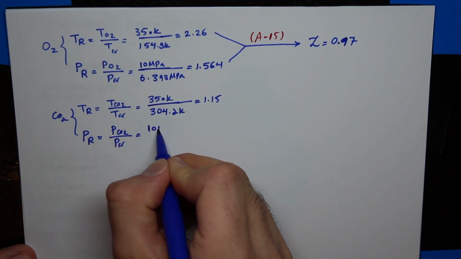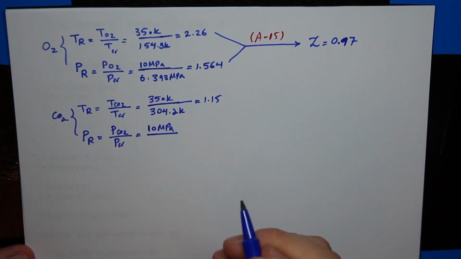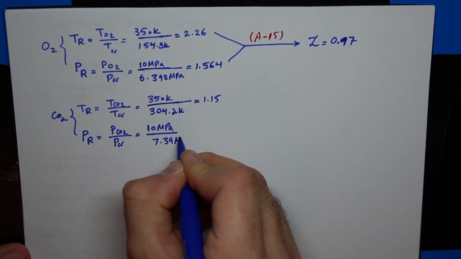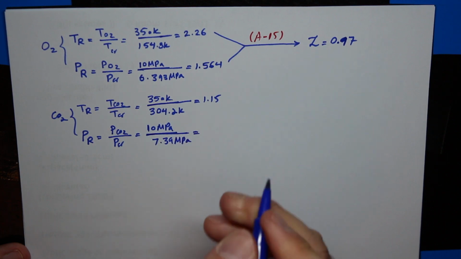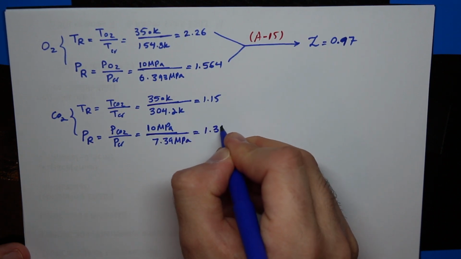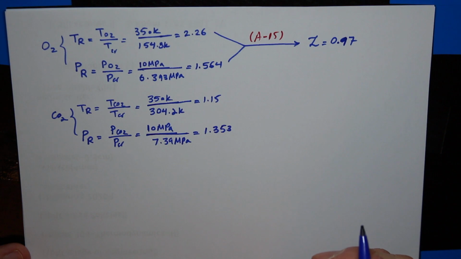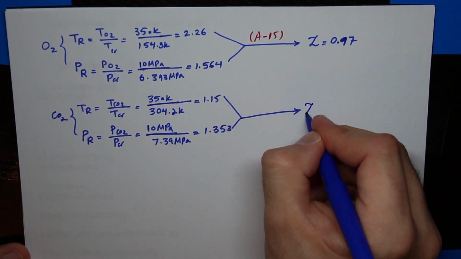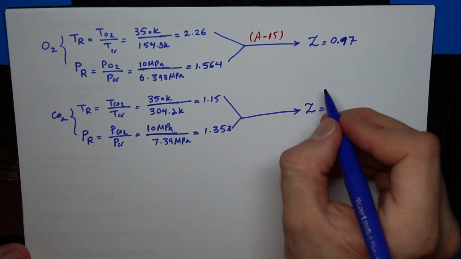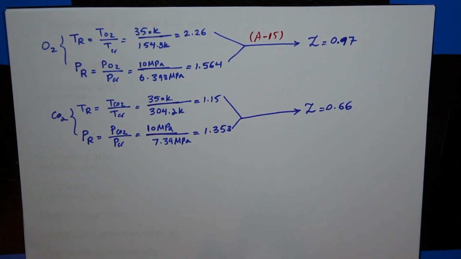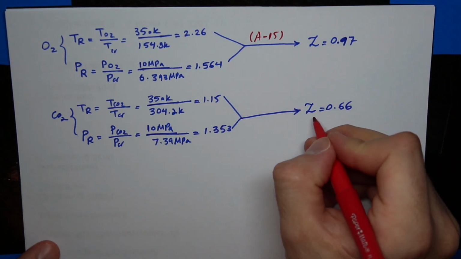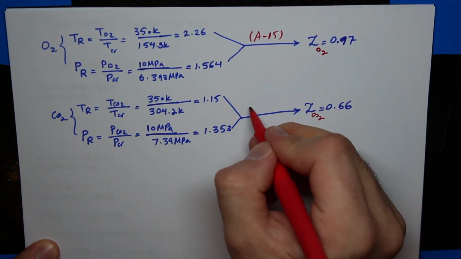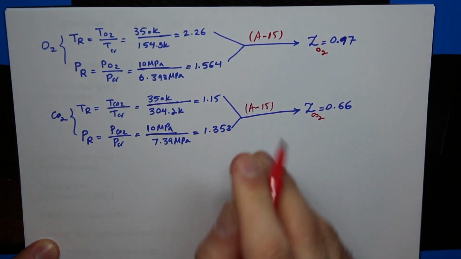The pressure is 10 megapascal, and the critical pressure is 7.39 megapascal. If I solve that, that is my reduced pressure. Once again, using these two values, I go to A15 and obtain Z for CO2, and that is 0.66. Let me add the subscripts: this is Z for CO2, and this was Z for O2, and this is also coming from A15.